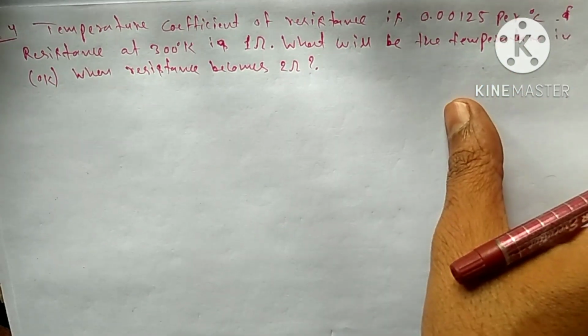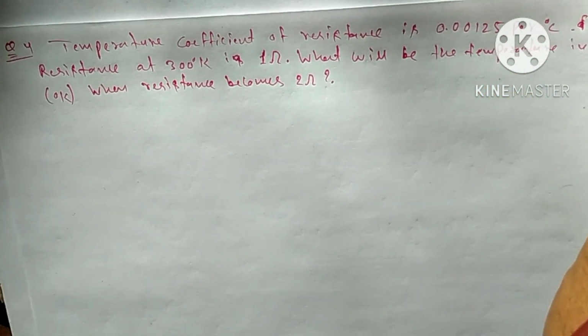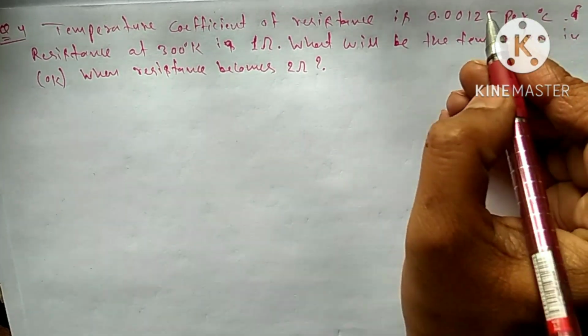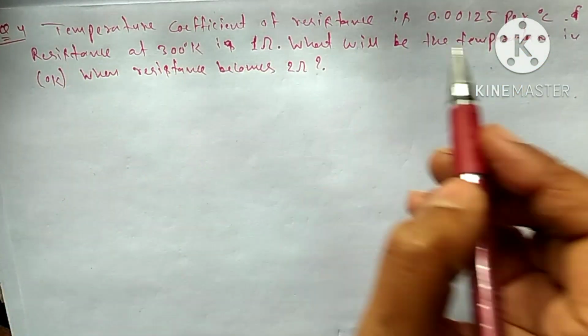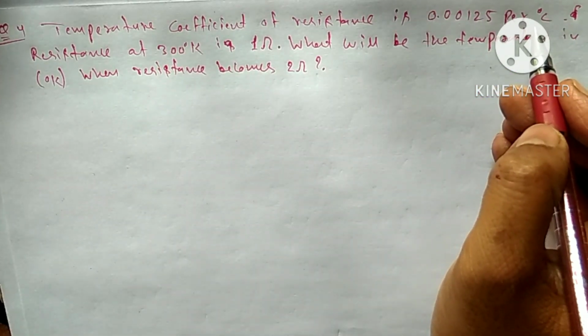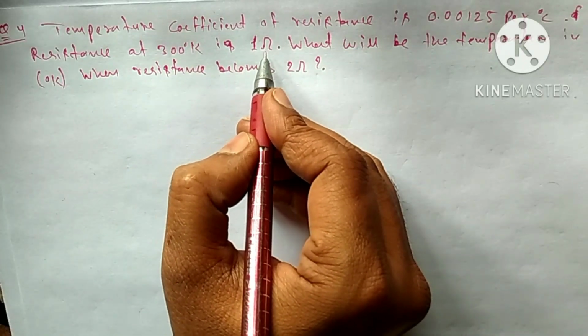In this question, the temperature coefficient of resistance is 0.00125 per degree Celsius. And the resistance at 300 degrees Kelvin is 1 ohm.